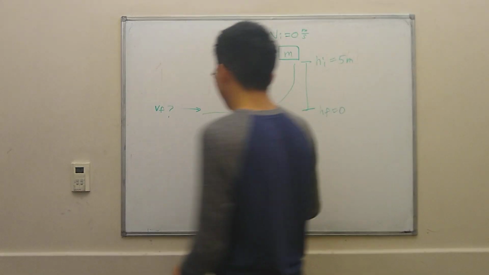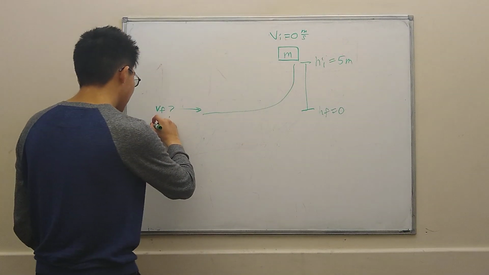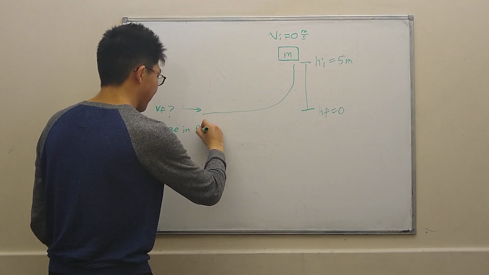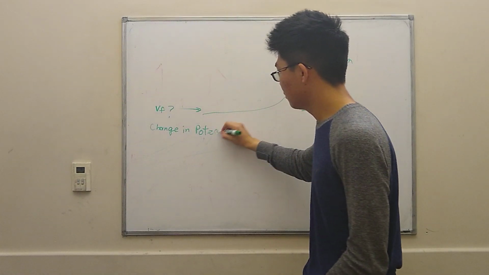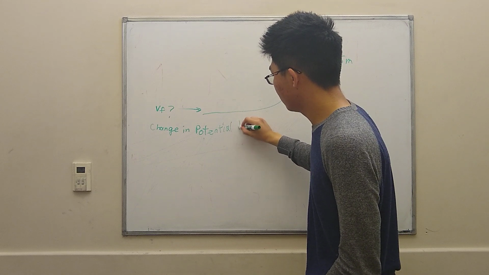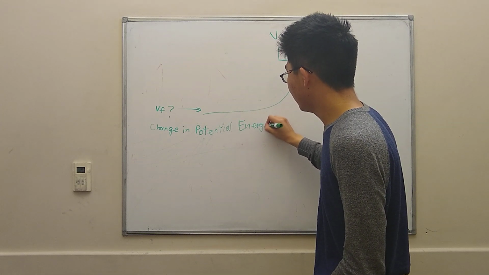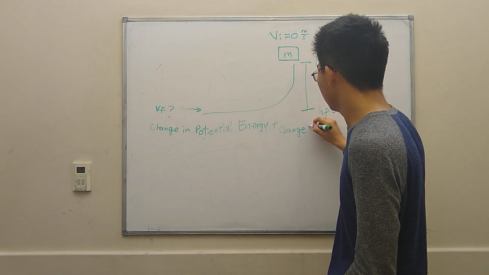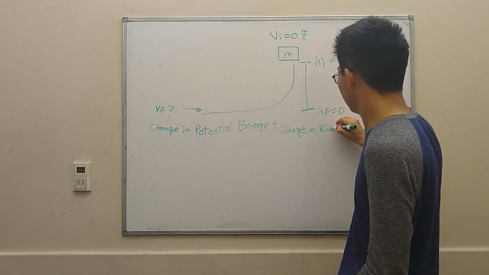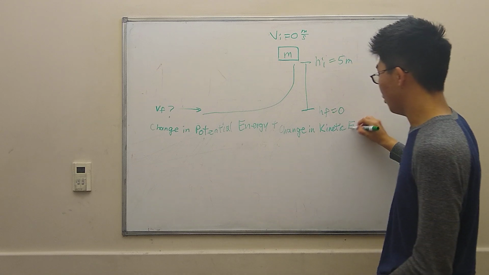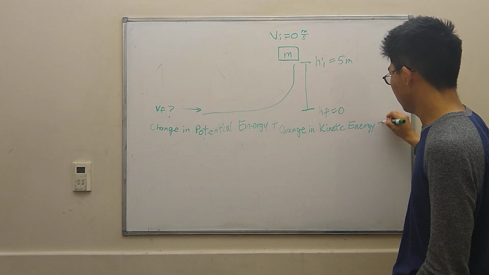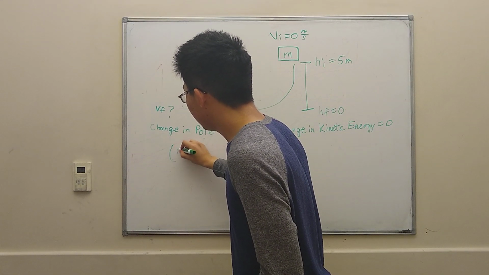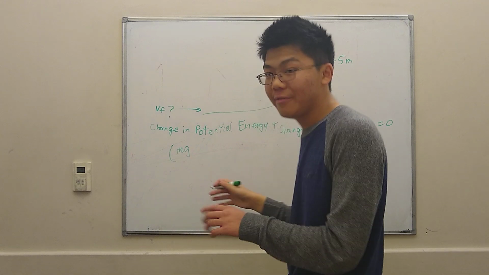So, what we do is we basically say the change in the potential energy plus the change in the kinetic energy equals 0. So here, I'm going to do just the mass of the box times gravity.